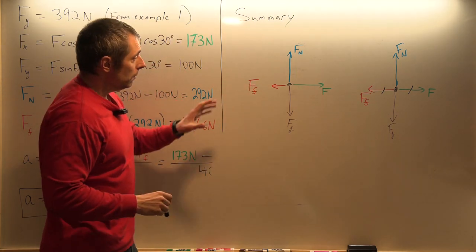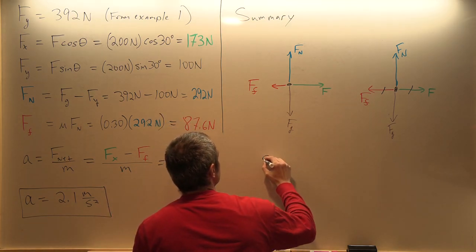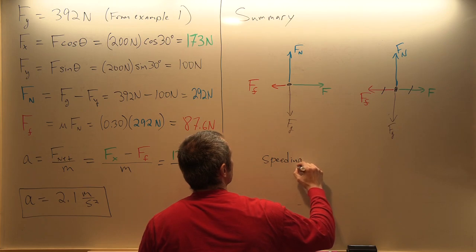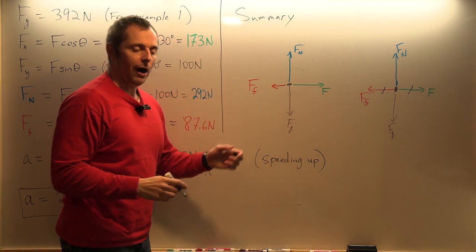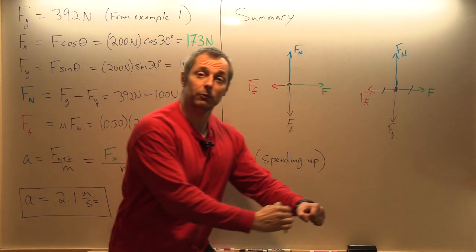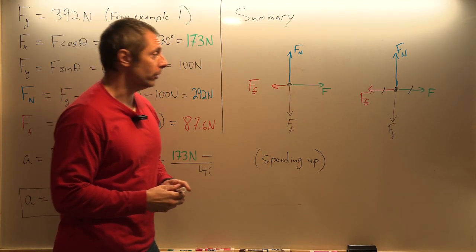This scenario, more force in the forward direction, this is the object speeding up. Whether it's a box or a rock or whatever, or a kid in a sled and you're pulling them, right? More forward force, speeding up. We have a net force.